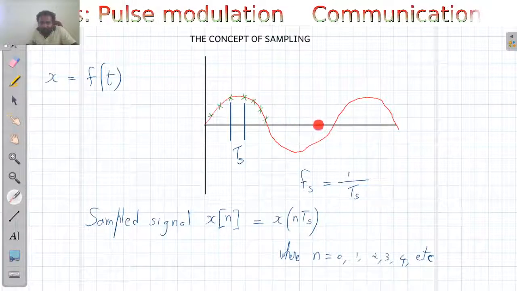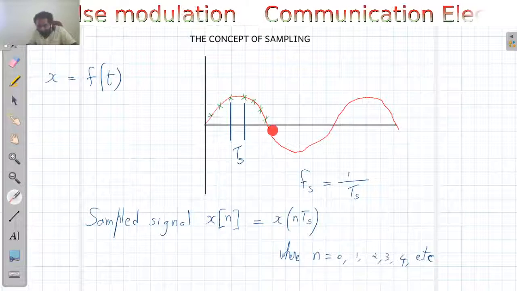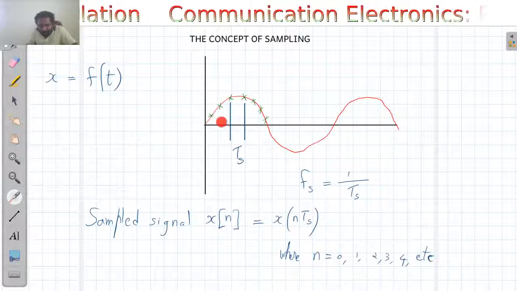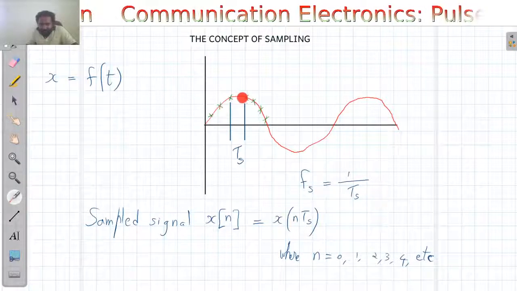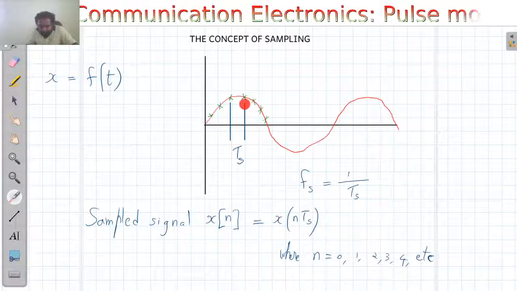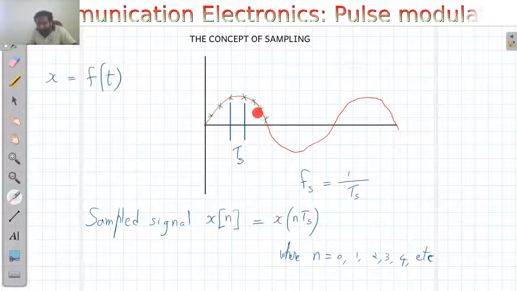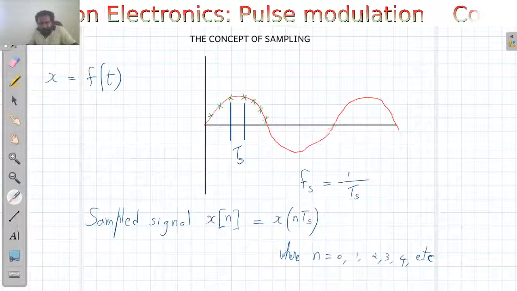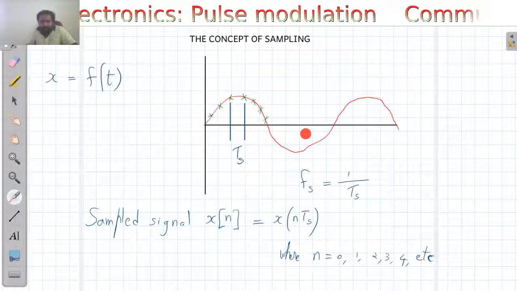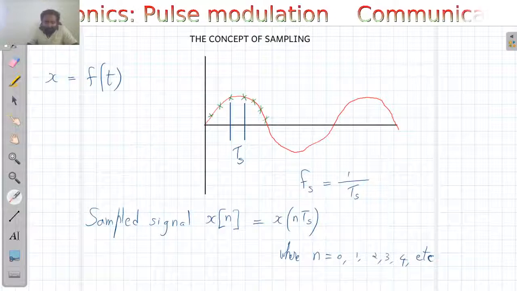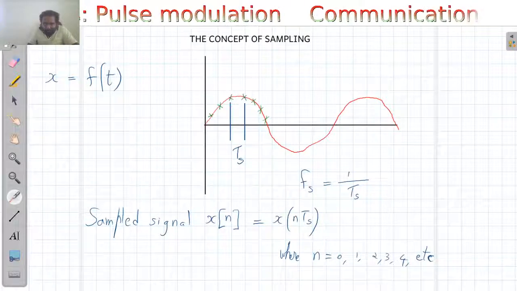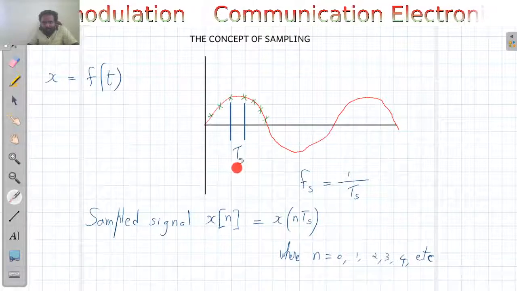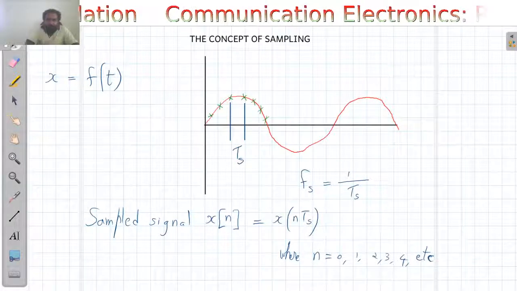Adjacent samples are separated in time by equal distance. So there is a time delay between two samples, and that time delay is represented by Ts, and that Ts is called sampling time.